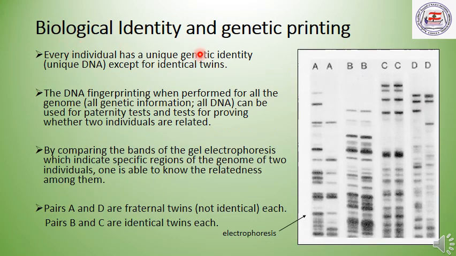Biological identity and genetic printing. Every individual has a unique genetic identity, which means having a unique DNA, except for identical twins. The DNA fingerprinting that we studied in the previous video, when performed for all the genome, which means covering all the genetic information or all the DNA, can be used for paternity tests and tests for proving whether two individuals are related.